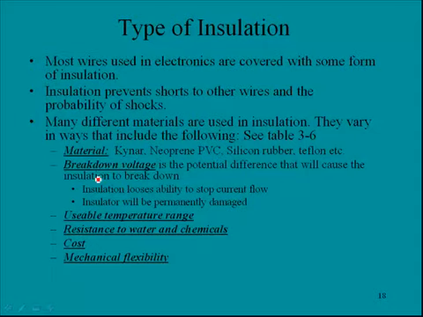The different insulations also will have an associated breakdown voltage. And this is a potential difference that will cause the insulation to break down. So obviously, if you're putting in some kind of wire for some purpose, you want to make sure that you are not going to have a voltage that will exceed the breakdown voltage, because if it does, the insulation will lose its ability to stop current flow, so the current will flow through the insulation, and the insulator will be permanently damaged.